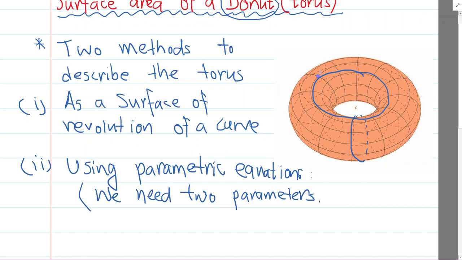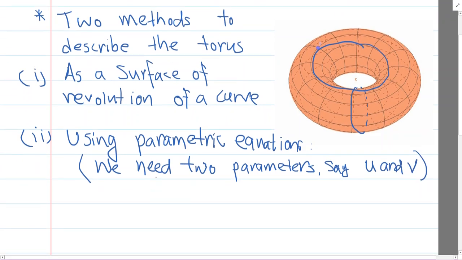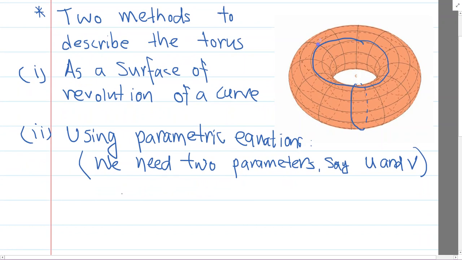Let's say the two parameters are u and v. Let's first discuss method 1, using single variable calculus.